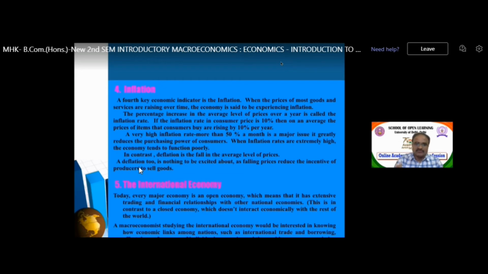For example, India can export goods and services to the rest of the countries like USA, Japan, Singapore, and some others, and also import some raw materials from the rest of the world. So whenever you open your economy, trade takes place with the rest of the countries, and you can call that the international economy.